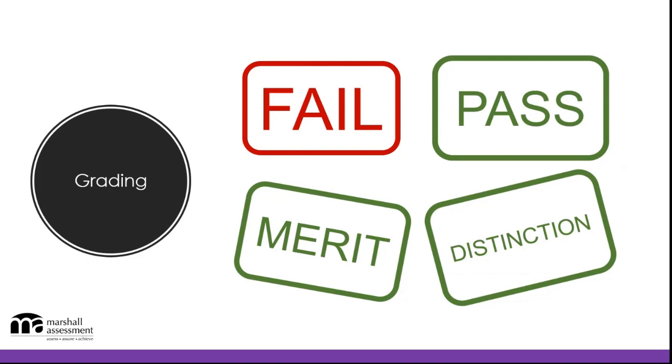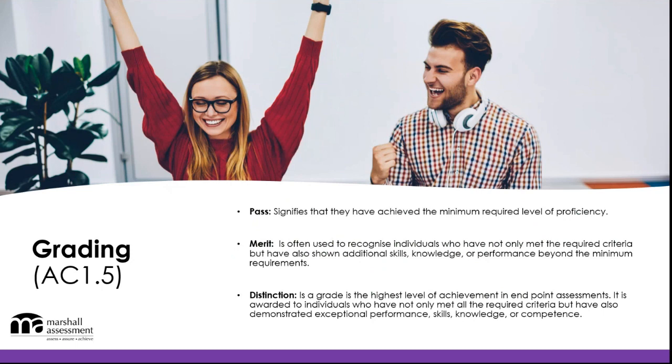Okay. So I mentioned the pass signifies that you've achieved at least the minimum level, and in this case, the distinction grade is the highest level of achievement. Now, it may well be that you get a first in your degree and you pass your endpoint assessment.